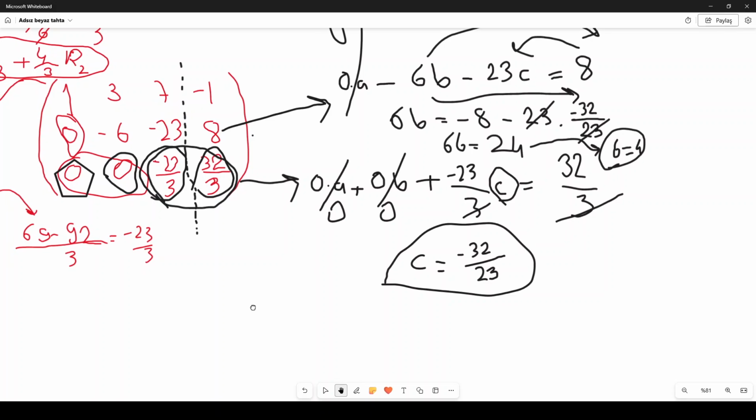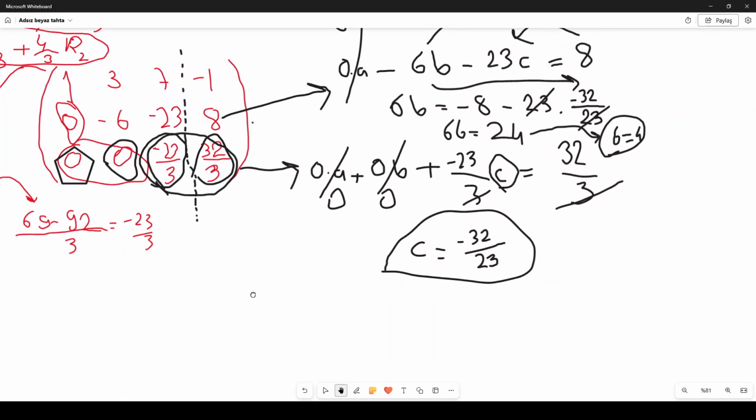Okay, let's keep going. Where are we now? We have already found two unknown variables, the values of c and b, and there's only one thing left.